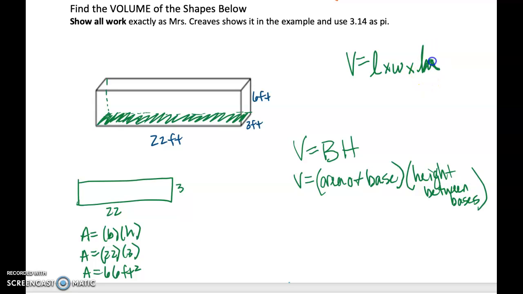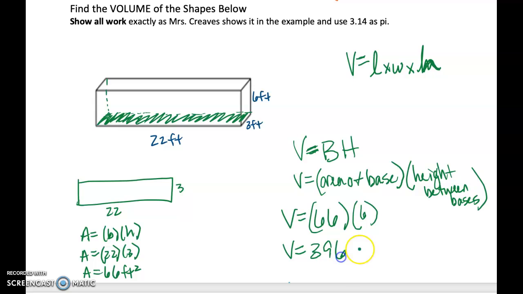You use the formula that you're comfortable with, but I'm going to lead you towards this idea of area of the base times the height. So volume equals 66 times how far apart are the top and the bottom? 6 feet. So volume equals, let's grab the calculator, 66 times 6 is 396, and this one is feet cubed.